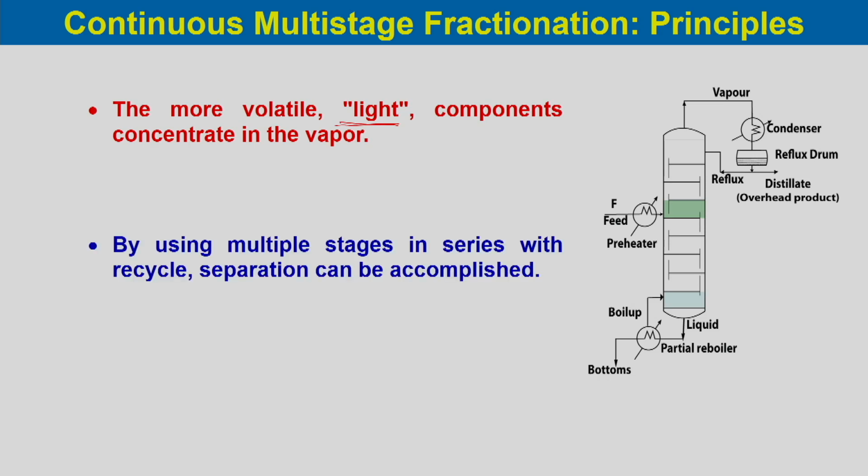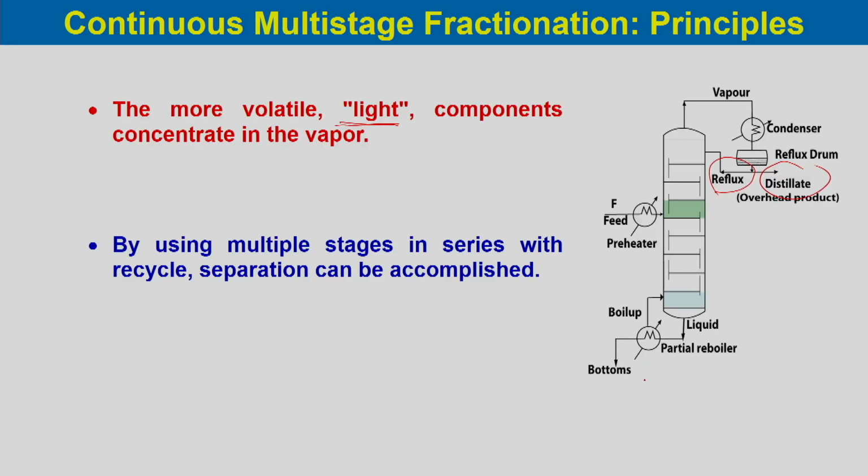So, by using multiple stages in series with recycle, separation can be achieved. You can see multiple stages shown over here, and suppose you have a distillate taken out from the overhead product and part is returned over here. So, the degree of separation you want to get, you can obtain from here.